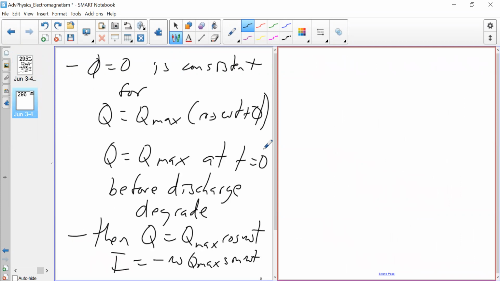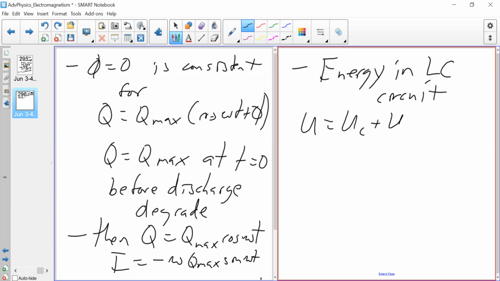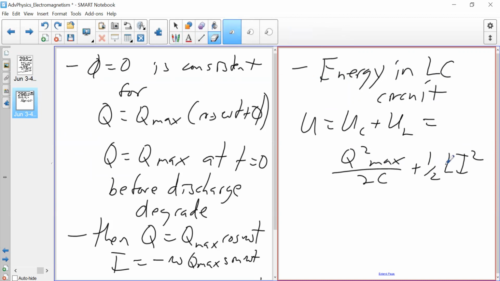Now, let's go back to the energy in this entire circuit. Energy in an LC circuit. We know that total energy is the sum of the energies in the capacitor and the inductor: Q squared over 2C plus 1/2 L i squared. Well, now we know that there's a wave-like, or time, dependence here. I forgot to write all that in, because we were just taking the values of Q max without the phase shift, and attaching the cosines and sines.